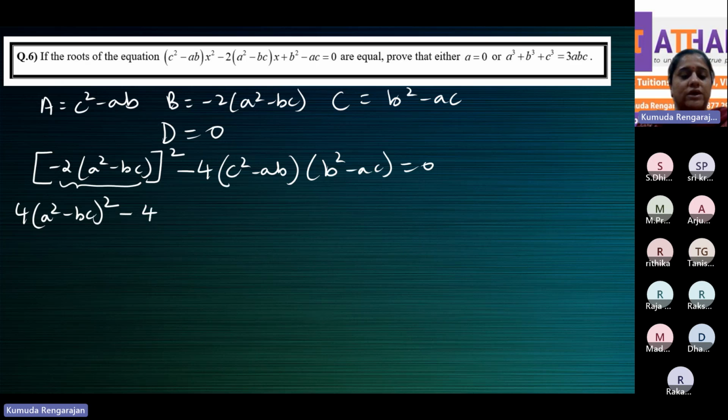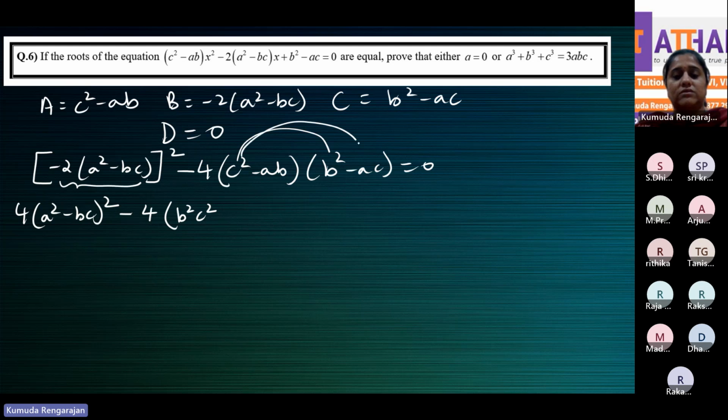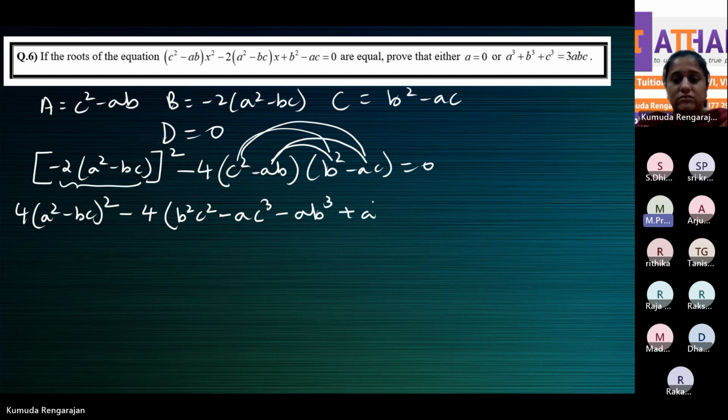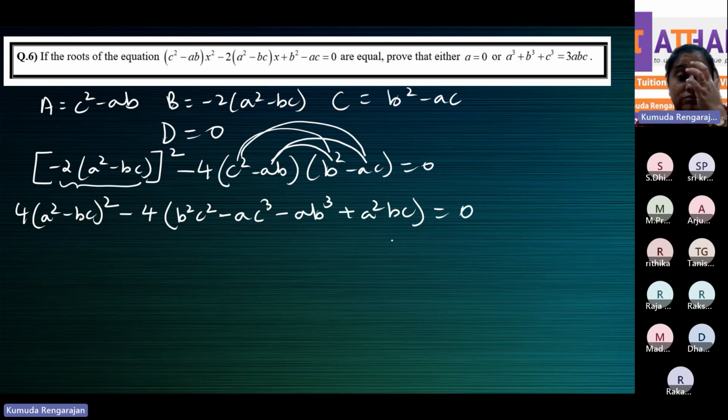Then minus 4 into multiply C square, B square. Let's write B first. So B square, C square, then minus AC cube, minus AB cube, minus A square plus A square BC is equal to 0. Next, is this an equation or an expression, children?